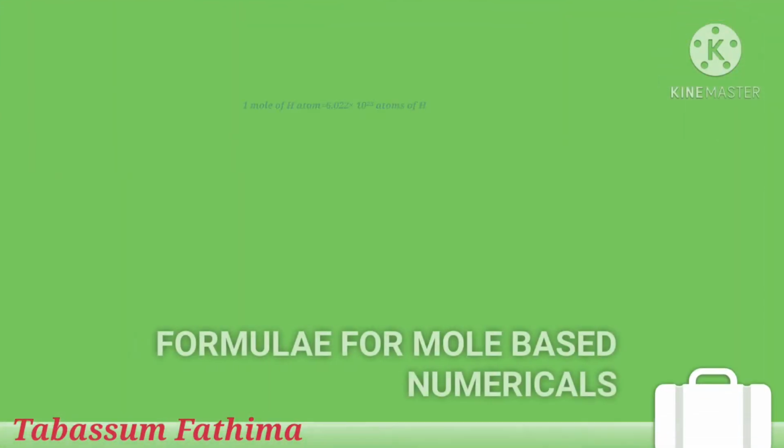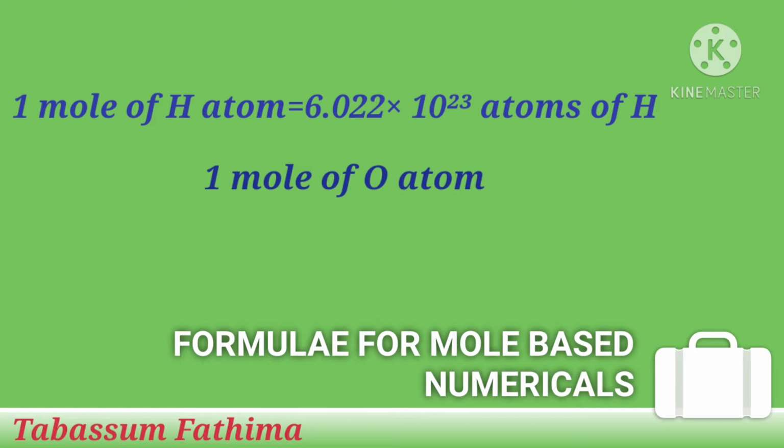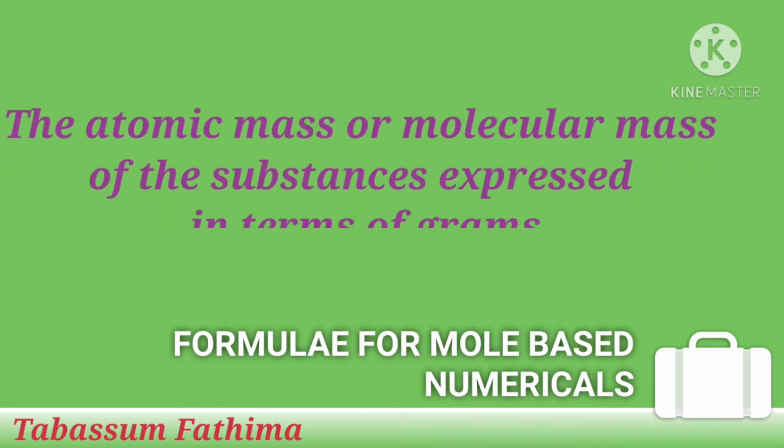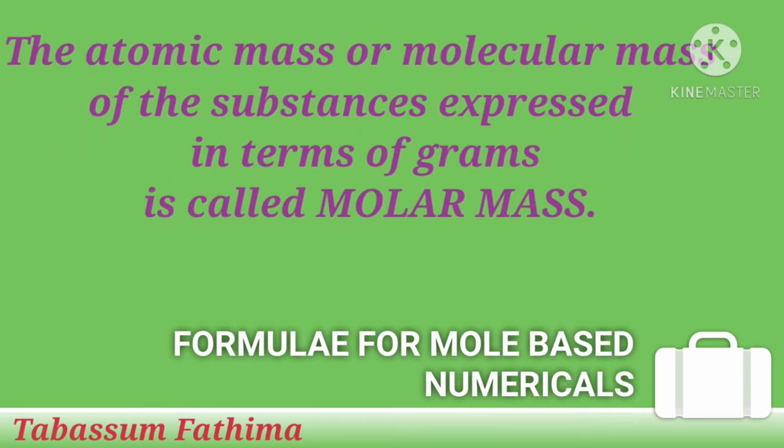In a similar way, if I take one more example, 1 mole of oxygen atoms also stands for Avogadro number of atoms with atomic mass 16 grams. So the atomic mass or molecular mass of the substance expressed in terms of grams is called molar mass.